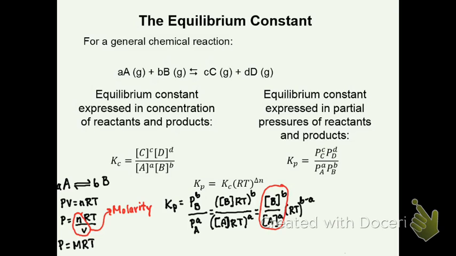So this whole term is Kc, and b minus a is going to be the change in the number of moles of gas, or delta n. And so that can be rewritten as Kc times RT raised to the delta n, which is the term that we had shown here.